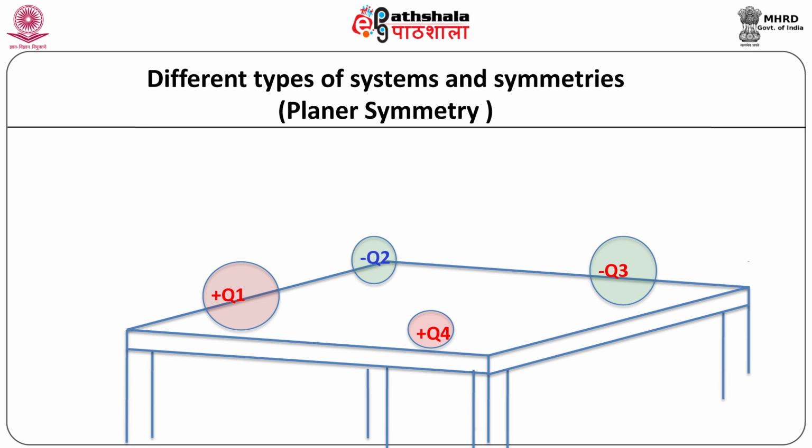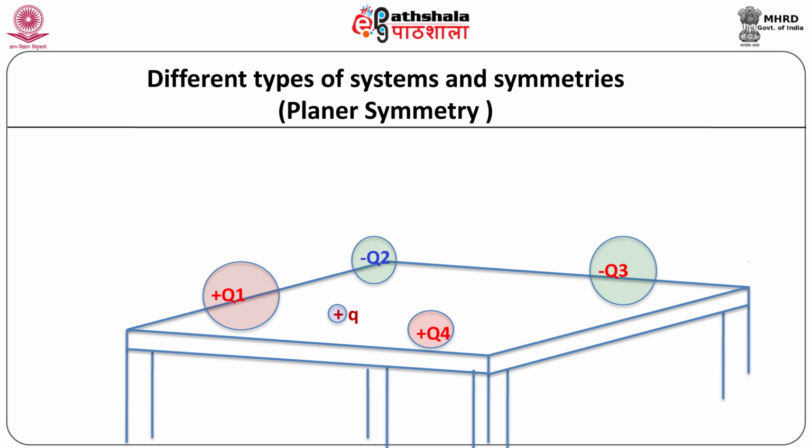Now, here is a system of 4 charged conducting spheres held fixed on the smooth horizontal surface of a table. A tiny bead with positive charge +q is kept near the first spherical conductor with charge +q1. When made free, how will the bead move on the surface of the table under the action of attractive and repulsive forces?